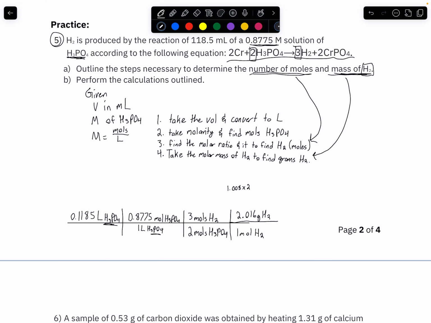So I'm going to get out my handy dandy calculator and find how many moles of H2 we have. That is going to be 0.1185 times 0.8775 times 3 divided by 2.